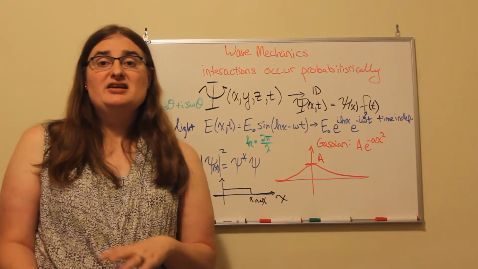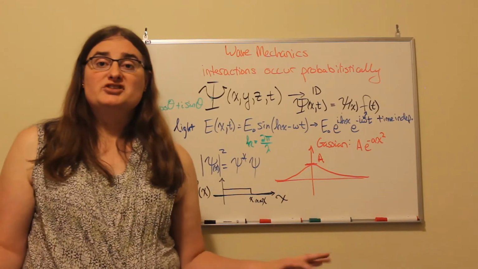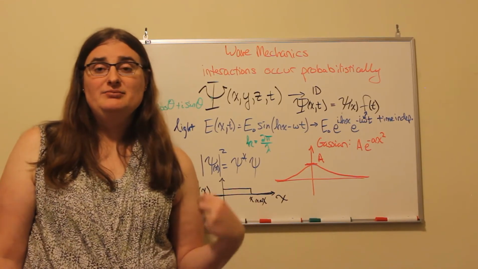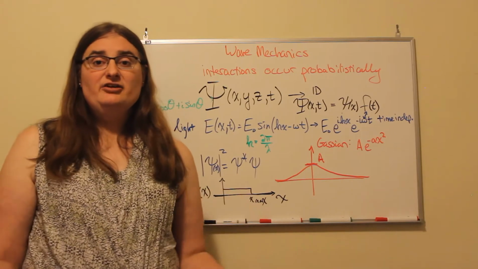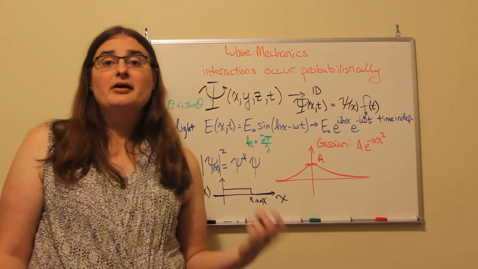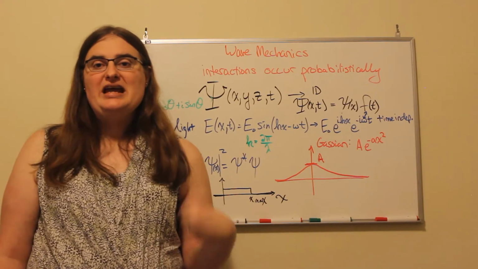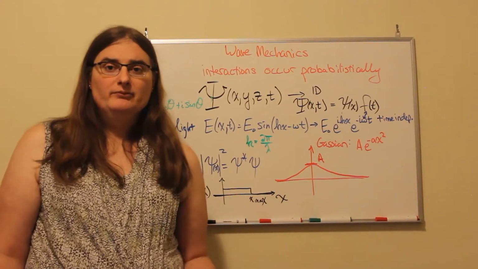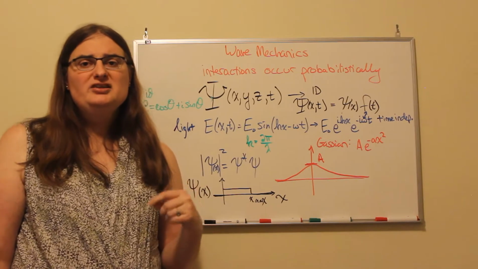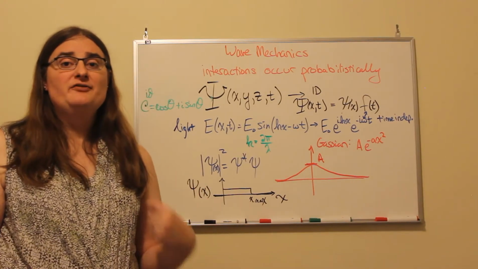Where if we were to take a look out through all of space, then at any given time we would see an interaction happen somewhere there, but we aren't necessarily guaranteed to observe it in any one specific point. So to do that, we need to talk about probability wave functions.